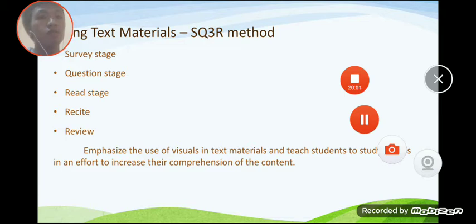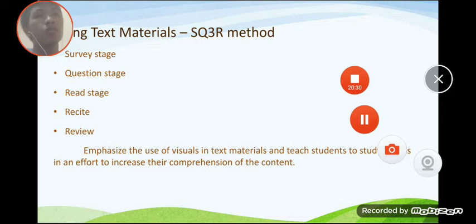Tapos, pagtapos nun, dito ka napapasok sa question stage. Dito naman sa question stage, dito naman masasabi na based on your skimming and any prior knowledge you have on the topic. So, syempre may mga katanungan ka doon.